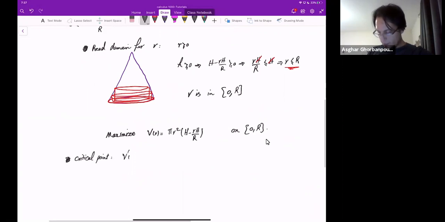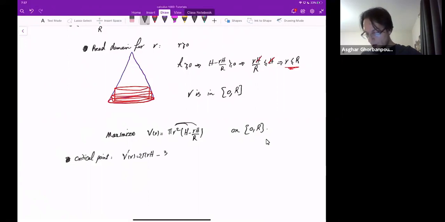So for that, I need to find the derivative of V. Well, if I use the expanded form and then differentiate, that will give me easier differentiation. So it will be 2 pi r h, the first term. The second term will give me 3 pi r cubed turned to r squared, differentiated, and then h over R. h, capital H and capital R are just constants.